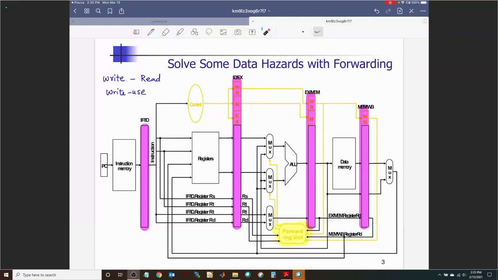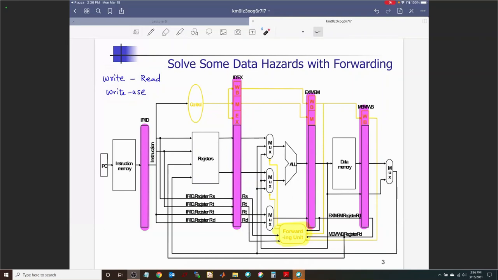So that is your write read hazard, or also called the write use hazard, and that can be fixed using this forwarding unit. But there is a special type of write use case, which is a load use situation, which cannot be solved by a forwarding unit.